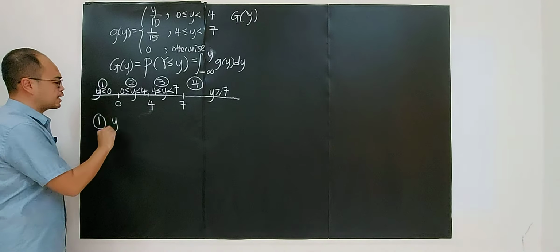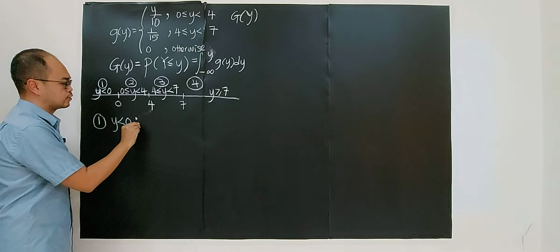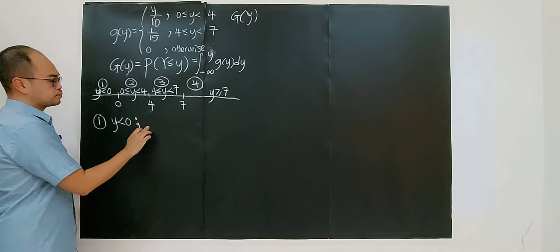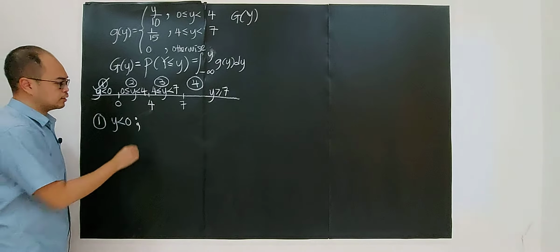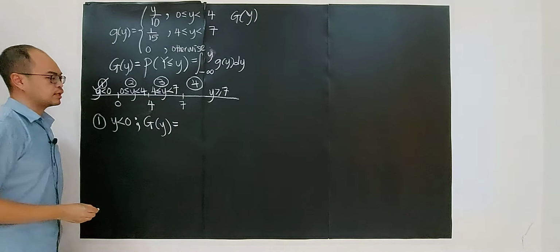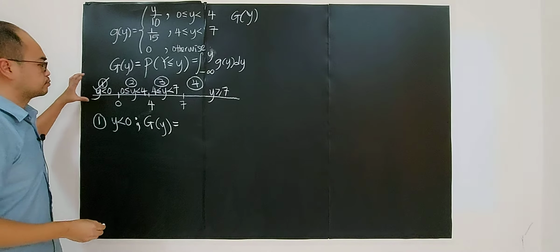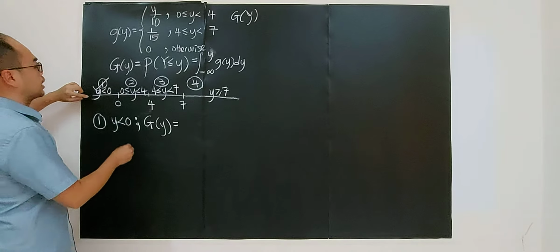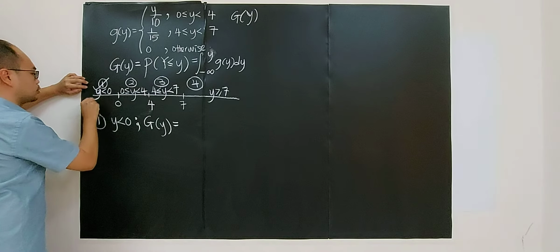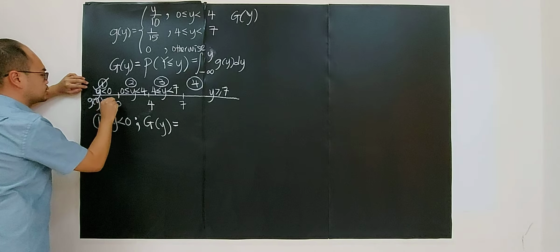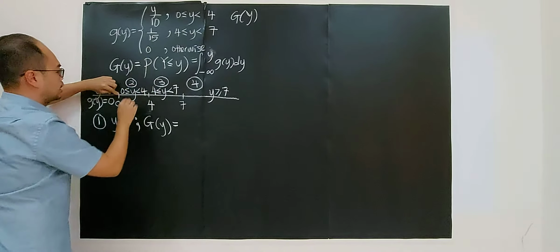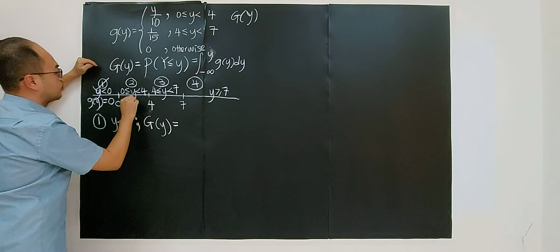Now for y less than 0, we are talking about the first interval, and I start the cumulative here. For this interval, y less than 0, the density function g(y) is 0. Whereas for 0 up to 4, the probability density function is y over 10.